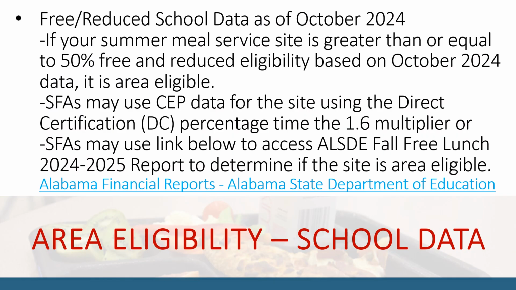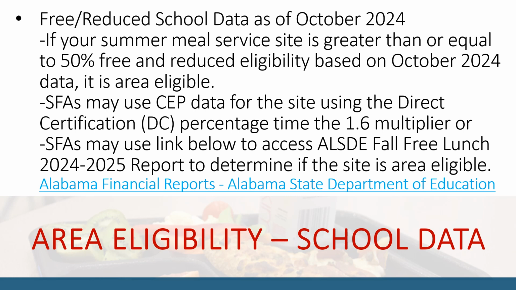Now, school data will be the free and reduced school data as of October 2024. If your summer meal service site is greater than or equal to 50% free and reduced eligibility based on October 2024 data, it is area eligible.